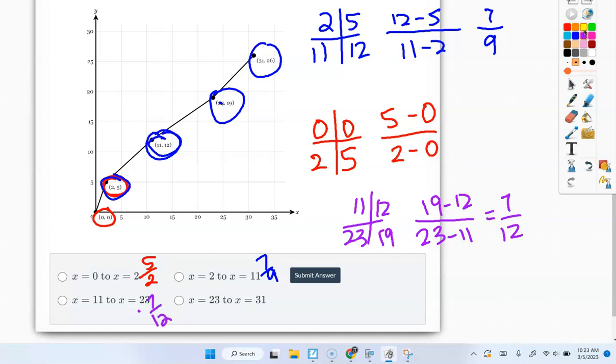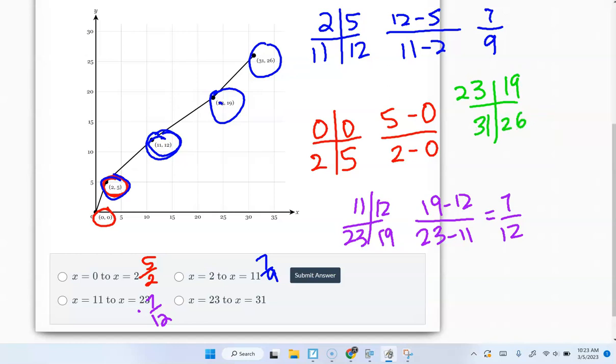And then our final one, I'll do that one in green, is 23, 19 to 31, 26. So 26 minus 19 over 31 minus 23. 26 minus 19 is 7 and 31 minus 23 is 8, so 7/8.